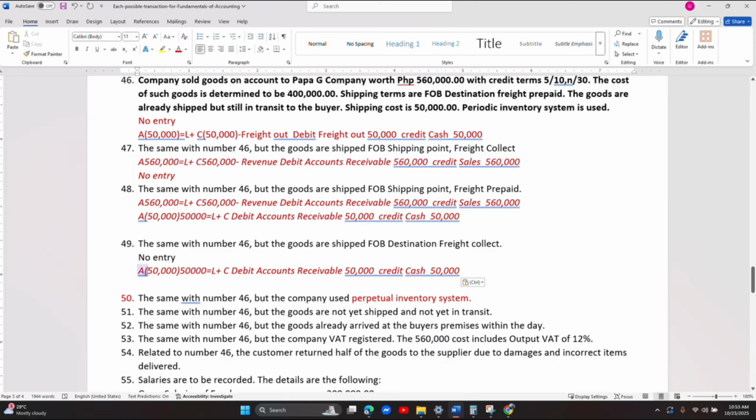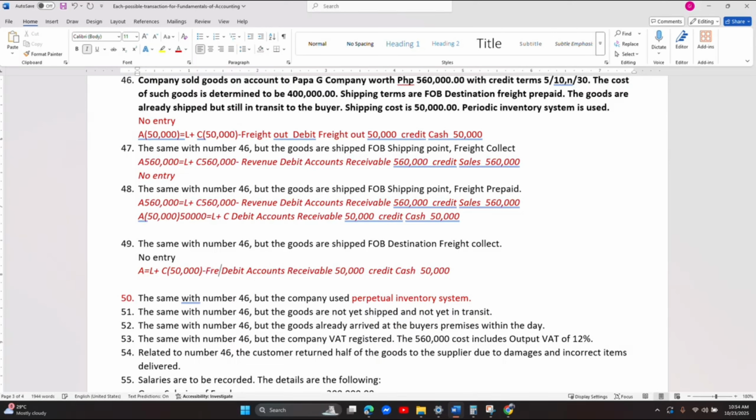So your assets will not be affected because you did not pay for it, right? Your assets will not be affected, but your capital, you have to recognize a negative 50,000 because you're the one responsible for the freight, because you're the owner of the goods that are in transit under this FOB destination.